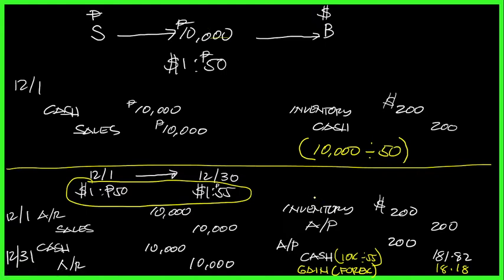Okay po, let's have another example. Let's have the same example. You have the seller, the seller is using pesos, so he is the one who will export. And then you have the buyer, using dollars, so he is the one who will import. Let's assume that as of December 1, the seller is going to sell inventories amounting to $200.